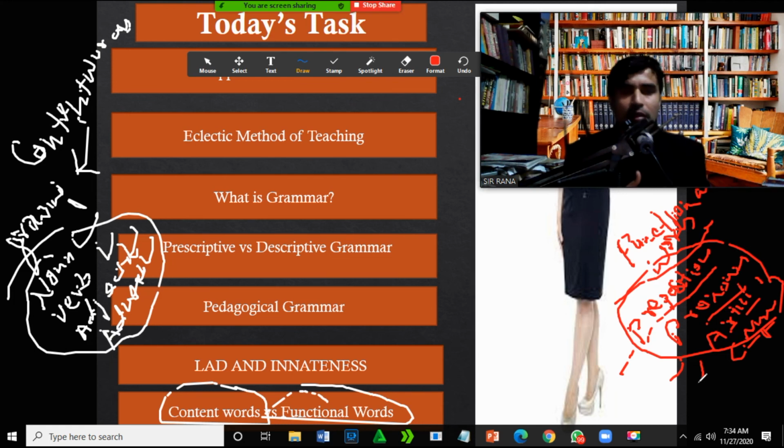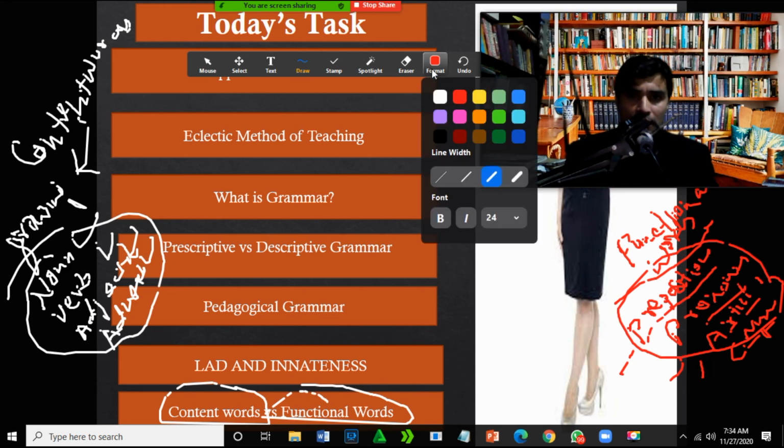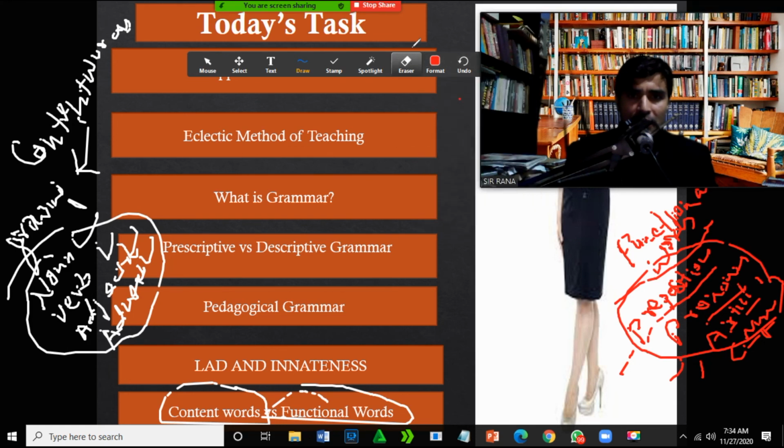In every topic, some new words are being introduced, like Twitter, twittering, twitterable, twitterly, and the same with coronavirus, COVID-19, and other viruses like that. So new words are automatically added to the content words. Functional words are constant; they remain as they are. So let's learn all these one by one.